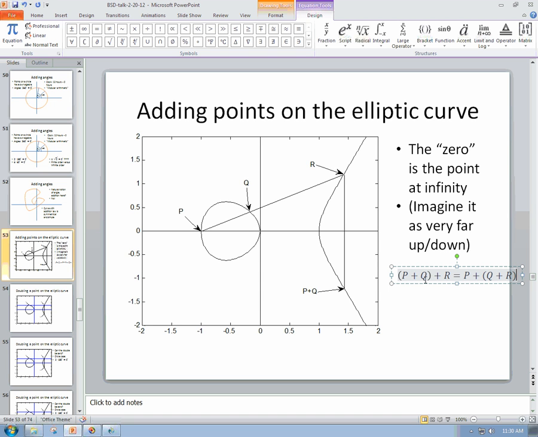It's called the associative law, and it's certainly true for ordinary algebra. It's true for adding angles, like on the circle. It is true here, but it's definitely a lot harder to prove.